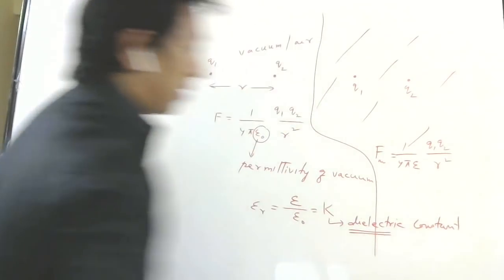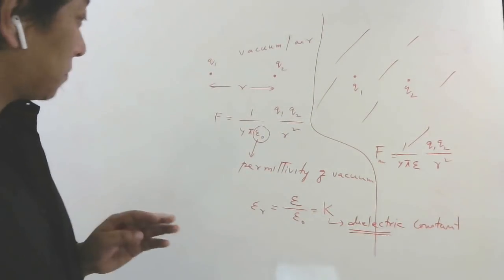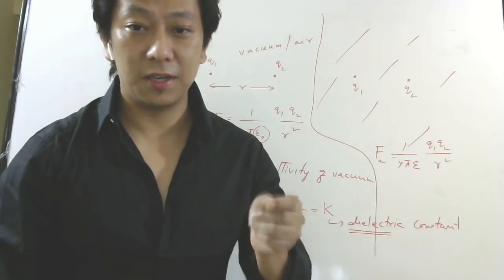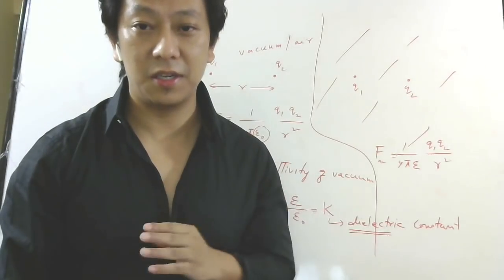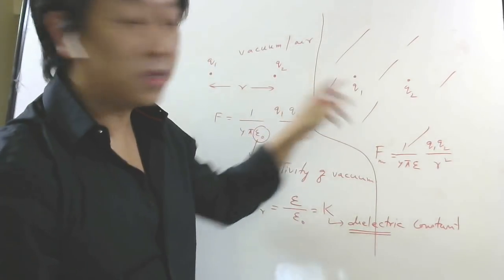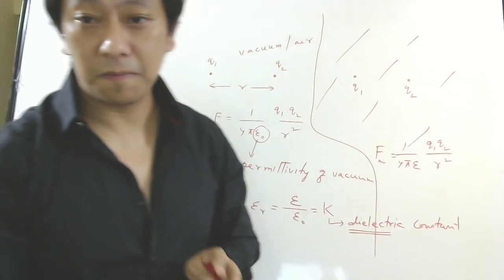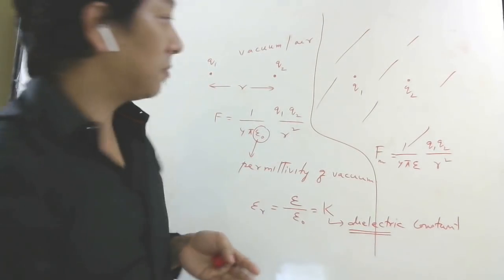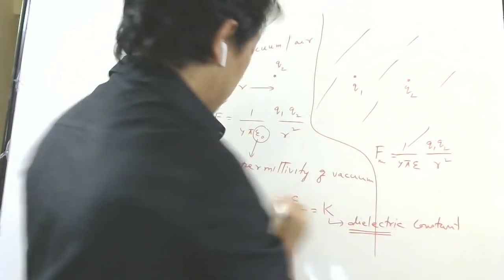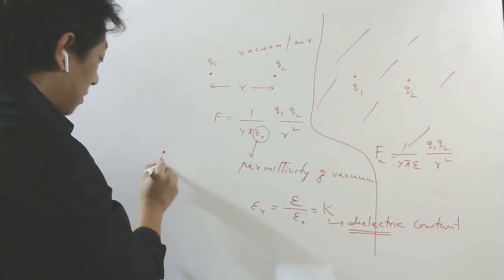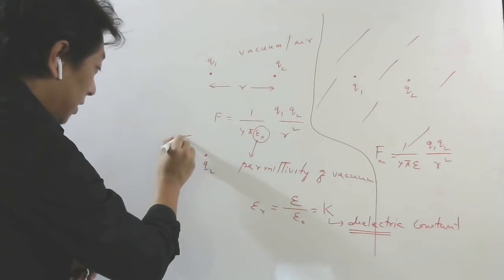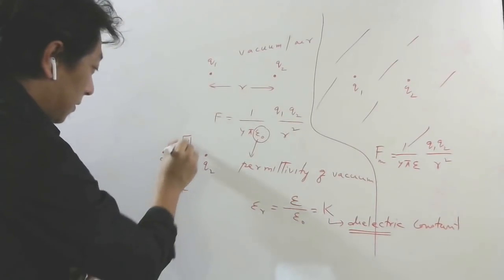Insulating material. Now, some students have been asking me, Kirti for example, has posted in the comment in yesterday's video, what if this charge is in one medium and this charge is in another medium. Likewise, somebody has asked what if the whole space is not filled with one medium. Let us say I have Q1 here and Q2 here. What if there is medium only in this much part?